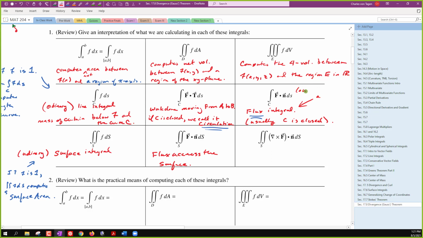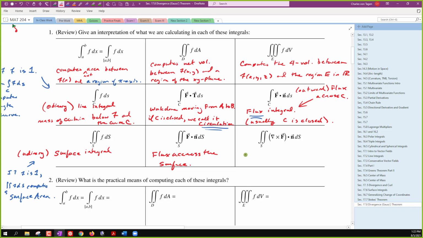This is outward flux across the curve C. So they're both measuring like the degree to which the vectors in the vector field are moving perpendicular to whatever the object is.